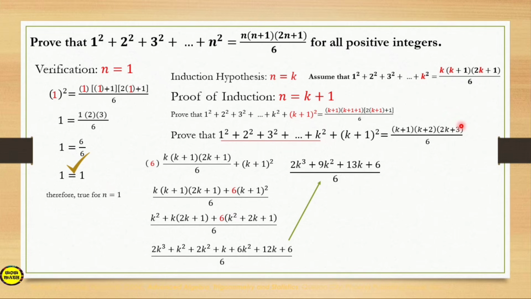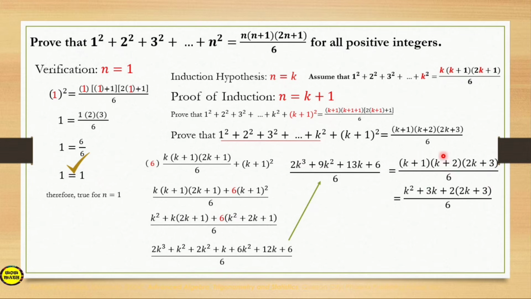I-multiply natin silang tatlo para ma-check natin na equal sila nung nasa left side. Una muna, ito muna yung i-multiply natin.